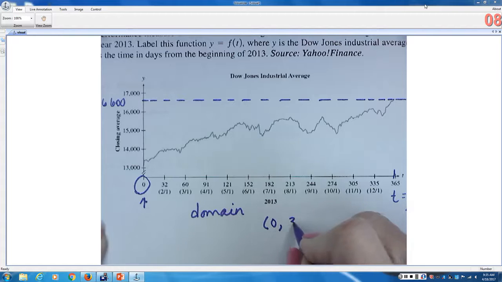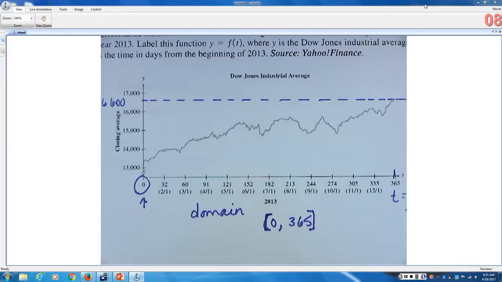0, 365. And actually, we would use square brackets because 366 isn't included, but 365 is, and day 0 was the very first day. And you would do the same thing on your range.